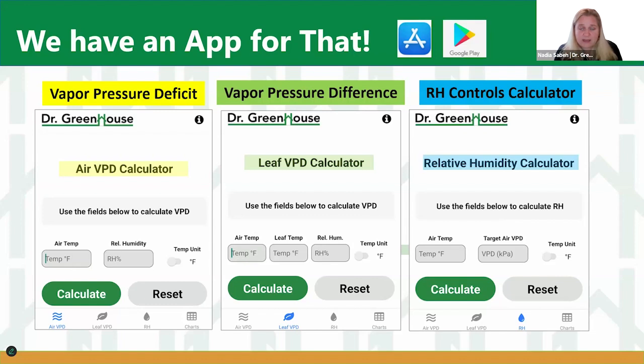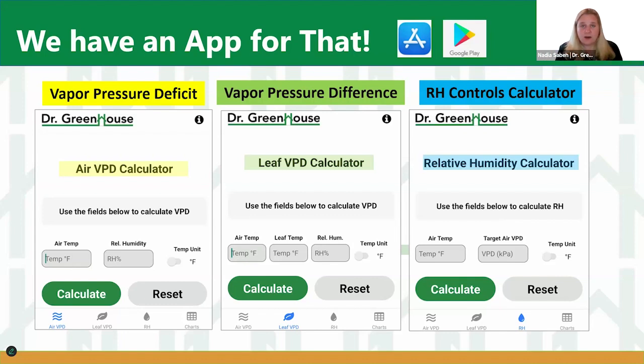And then you hit calculate and you will get the actual vapor pressure difference for that particular plant. Remember, that's going to be an individual plant. That's one of the reasons why I like vapor pressure deficit, is that it gives you kind of an overall view for your entire crop, not just one individual plant.